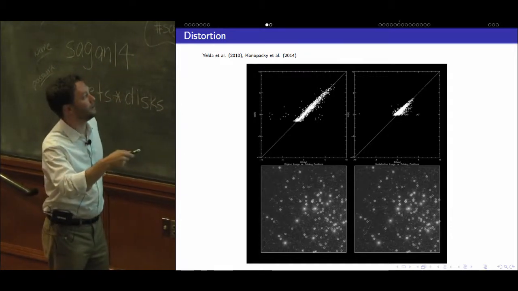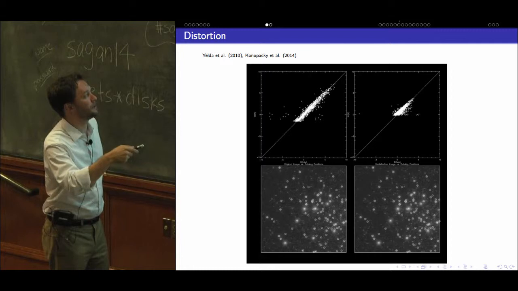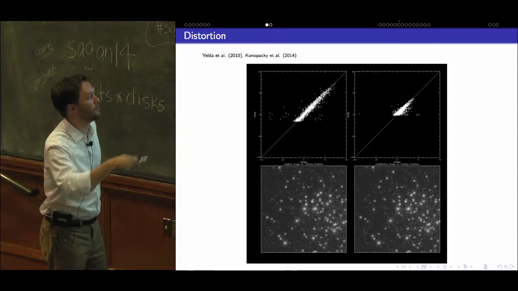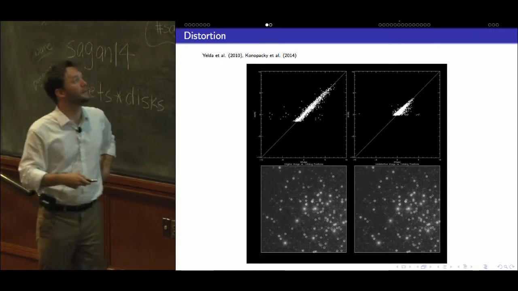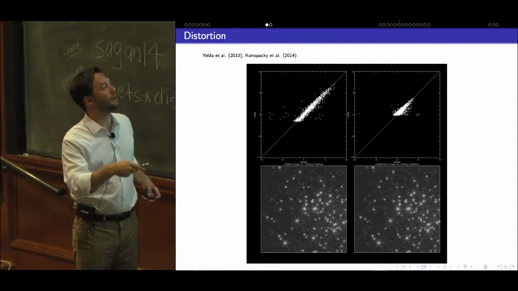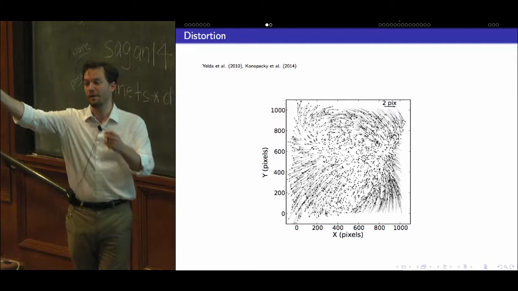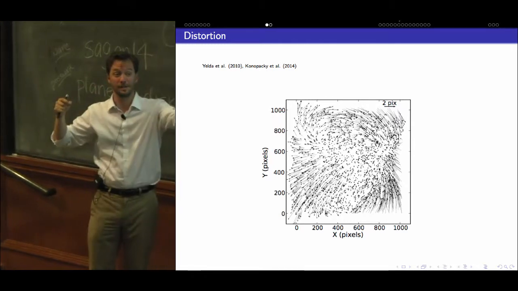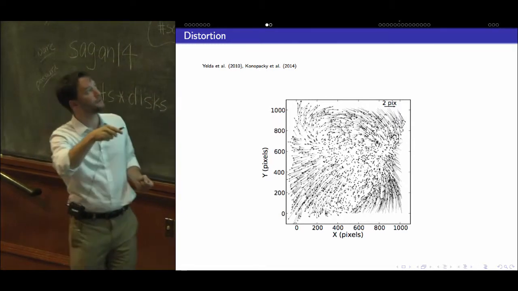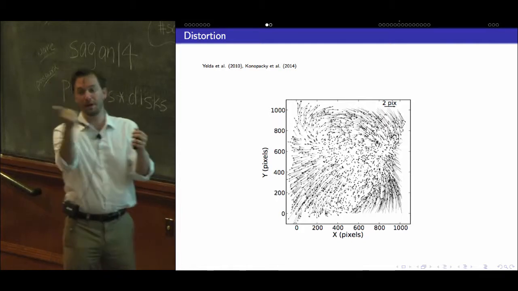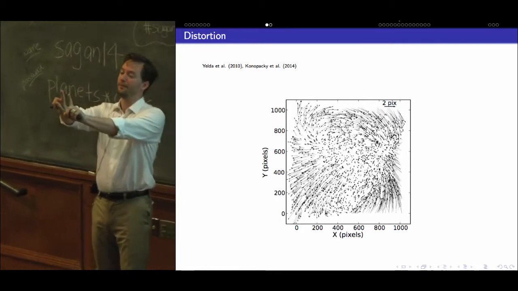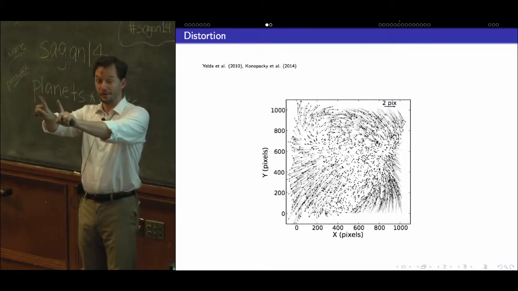I think the little circles are where it's expected to be with Hubble, and then you have the points in there, that's where you're measuring it. And then you apply some distortion correction. So this is the difference between where it is on the Hubble image and where it is on the Keck image. And these vectors here correspond to the difference between the two positions.